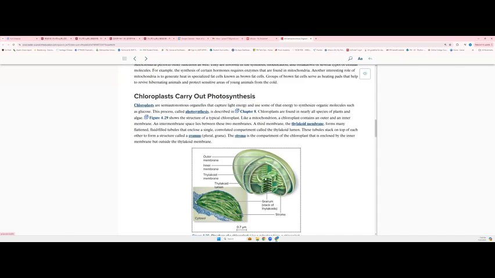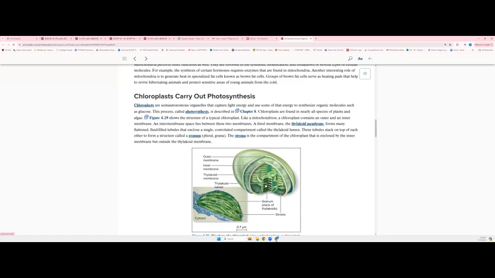And then the third membrane is this one. It's called a thylakoid membrane. With this type of membrane, a lot of thylakoid lumen was formed. What's the thylakoid lumen?